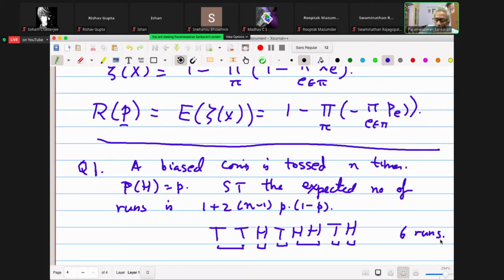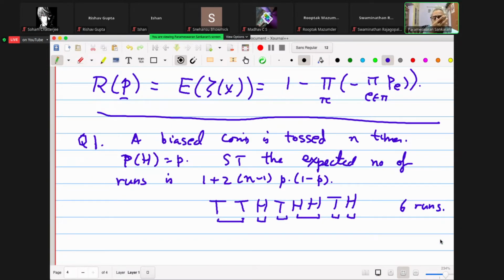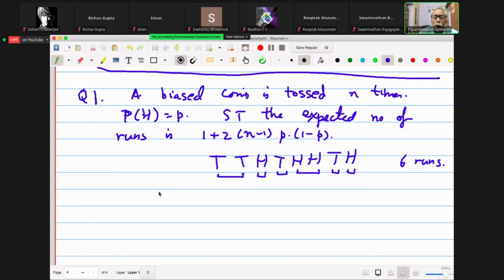You are interested in computing the expected number of runs when you toss a coin n times, where n is some arbitrary number, and you are given that the probability of head is p. Okay. How do you do this?